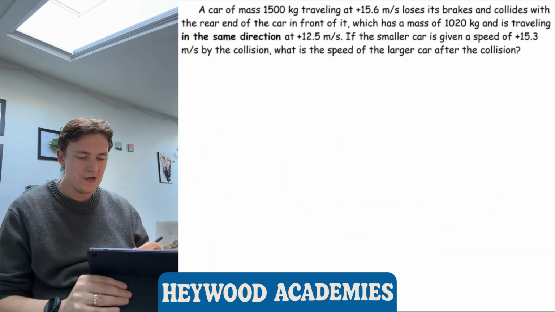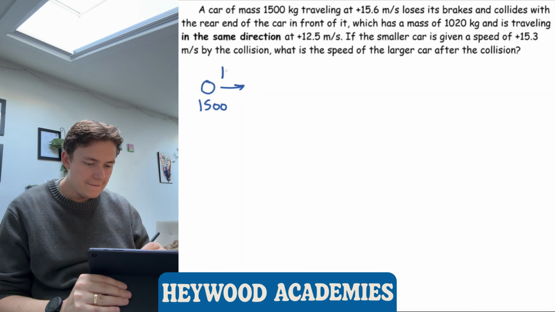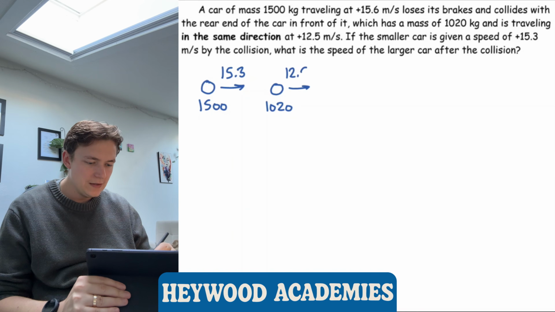So we can draw our picture again. We've got one car which has a mass of 1,500 kilograms, and it is moving at 15.6 meters per second to start. And then we've got another car in front of it which has a mass of 1020, and it is moving in the same direction at 12.5.